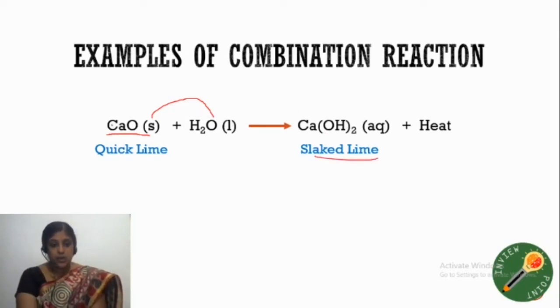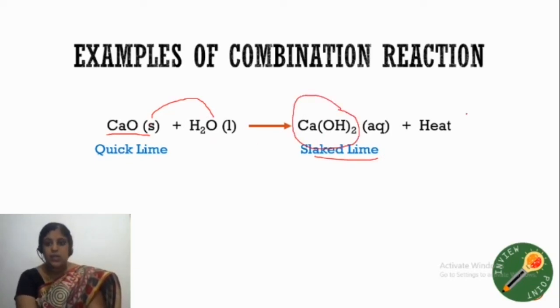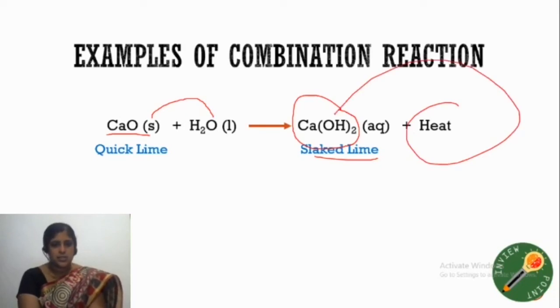Heat is produced along with this chemical reaction. So by the reaction of these 2 reactants, a single product is formed. Such a chemical reaction is known as a combination reaction.